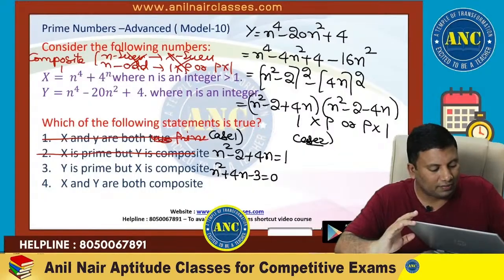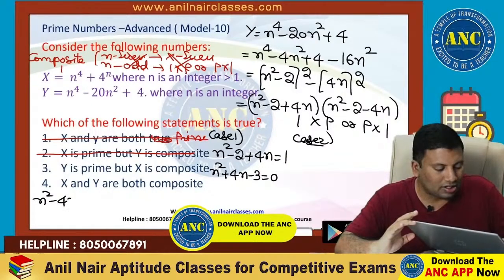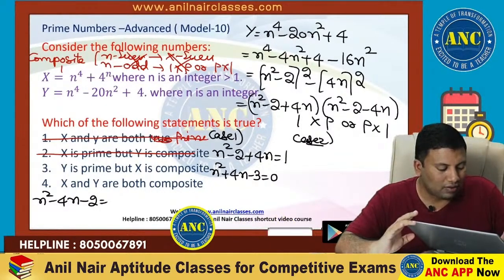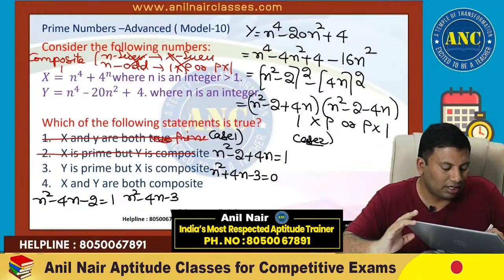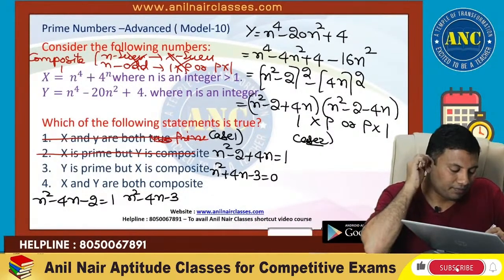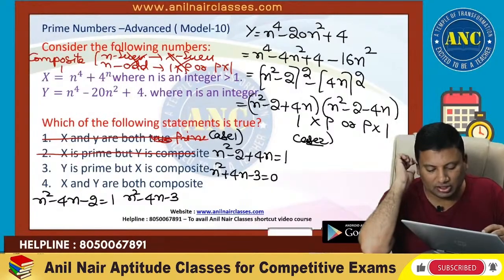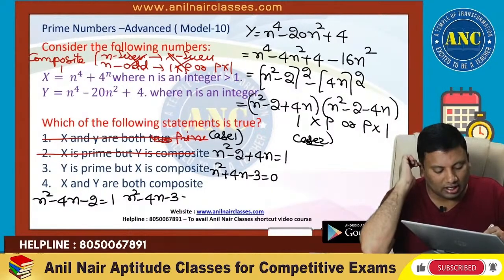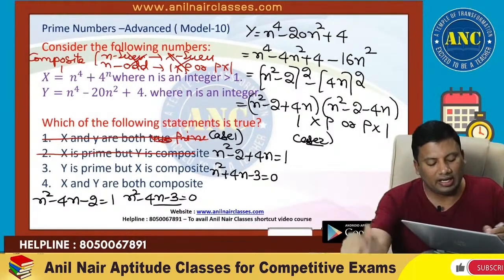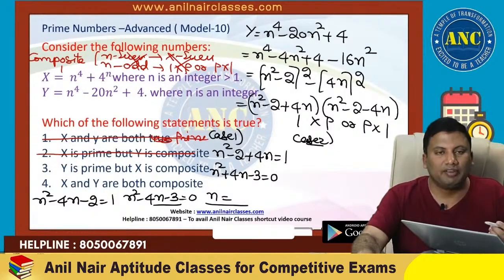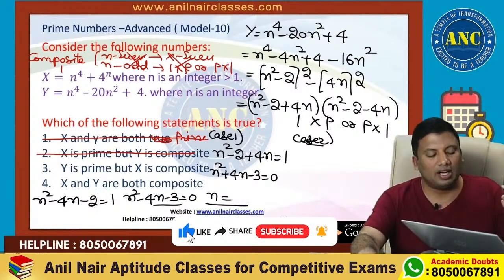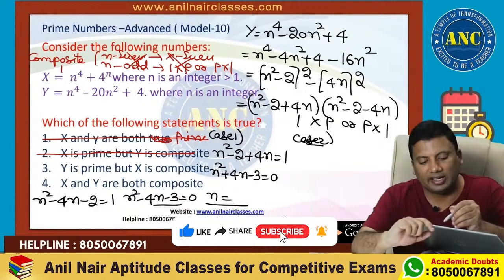If n square minus 4n minus 2 equivalent to 1, this is n square minus 4n minus 3 equivalent to 0. If you get any values of n, substitute and check. If you are not getting any, then x and y are composite. I hope the idea is clear.